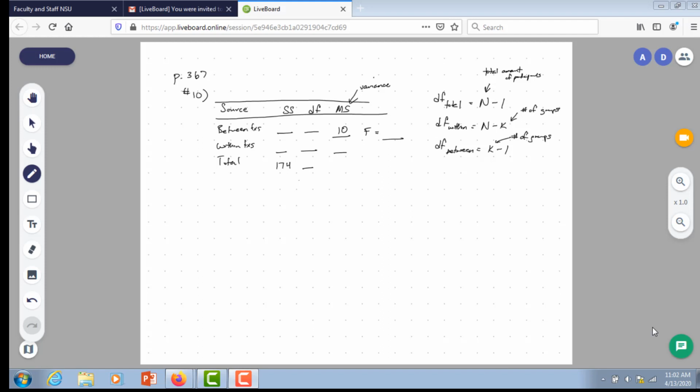Now, the worded portion of this problem tells us that there are 10 participants in each condition, and there are 4 treatment conditions. 4 treatment conditions, 10 individuals per treatment condition. So it stands to reason that there are 40 individuals total in the study.